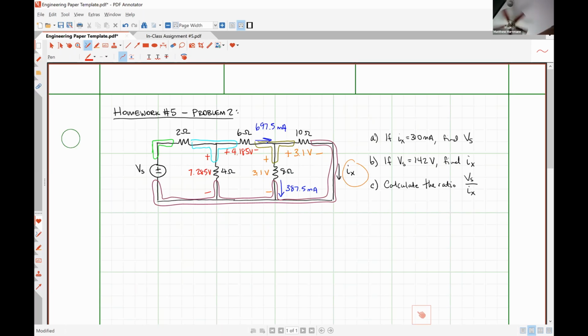7.285 volts. This allows me to calculate the current flowing down through the 4 ohm resistor, which is 1.821 amps, with some rounding there.